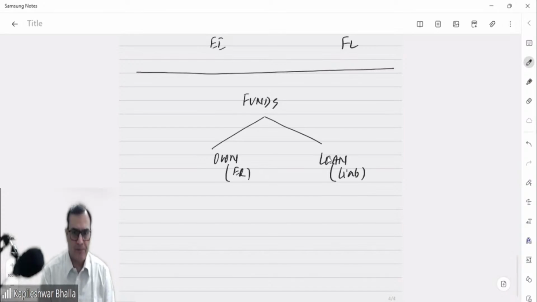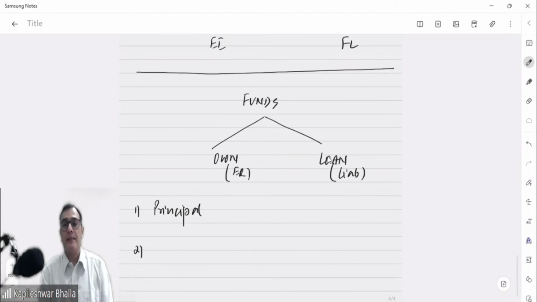Now, we were given that there are two parameters for evaluating whether it's an own fund or a loan fund. One parameter is the repayment of the principal amount, and the other is the return which is given on the principal.